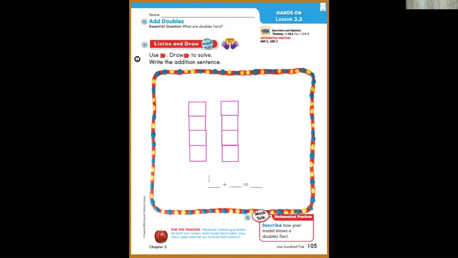This first tower shows us 4, so our first addend is going to be 4. Our next tower shows us 4 cubes as well, so our second addend is going to be 4. Our sum is going to be both of those numbers added together. 4 plus 4 equals 8.